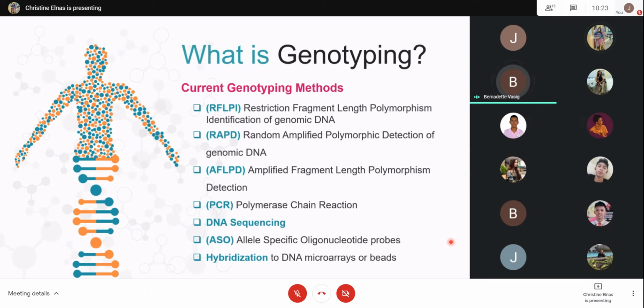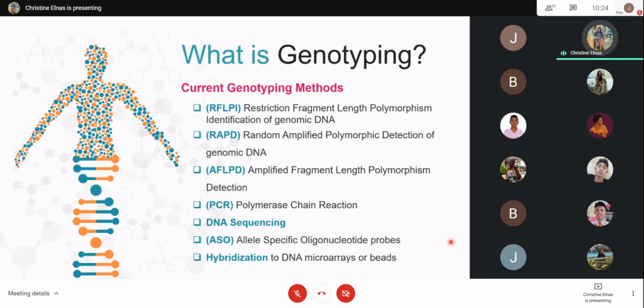So genotyping is an application of all of the methods that I have assigned to you. Those are just a few; some of it also includes those listed on the presentation of Miss Elmas. Okay, so those are examples of DNA sequencing methods and applications. Thank you. Go on, Miss Elmas.